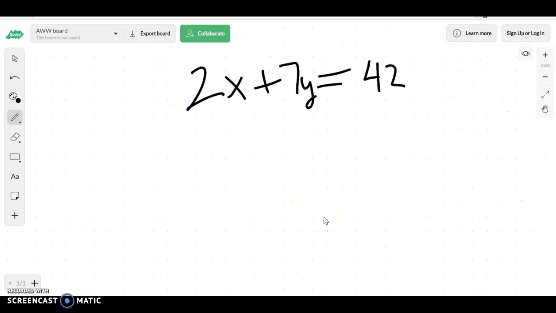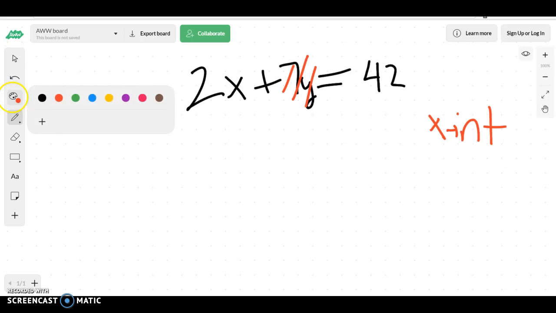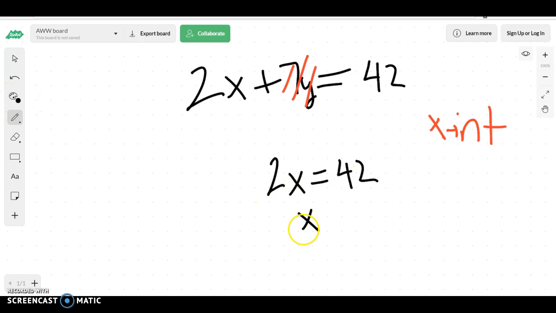Try the next problem. For this problem right here, if you got stuck again, you want to do the same thing. You know an X-intercept means that I have no Y value. So I cover up this Y value, which gives me 2x is equal to 42, or x is equal to 21.